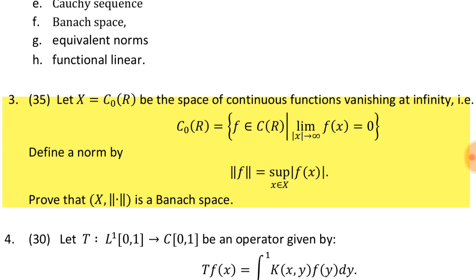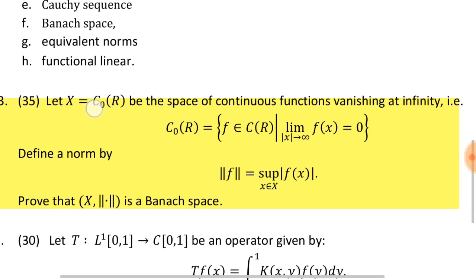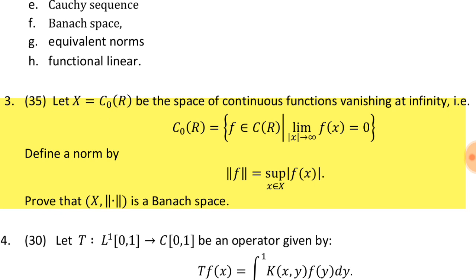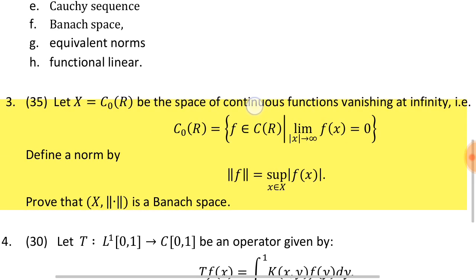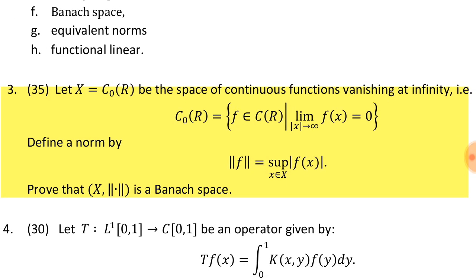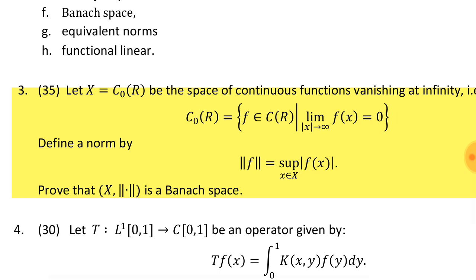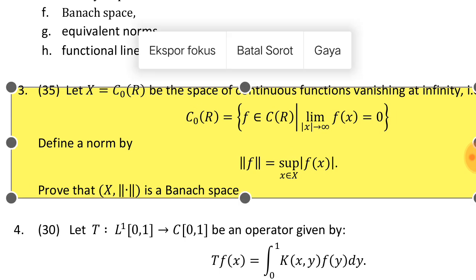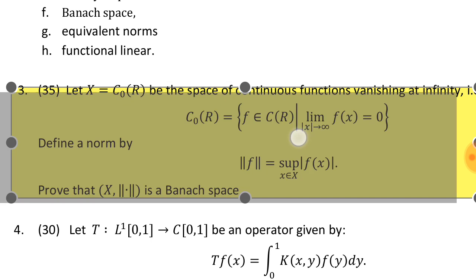Number 3. Let X equal C sub 0 of R be the space of continuous functions vanishing at infinity. C sub 0 of R is equal to the set of f in C of R where the limit of f of x as the absolute value of x approaches infinity is equal to 0.